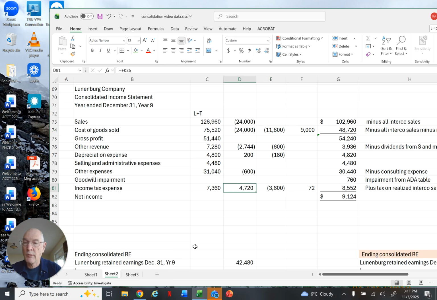Now, in a very similar way, the 9,000 is the unrealized profit before tax from the end of year 9. So because it's unrealized profit, it's inside the net income of these two companies. Specifically, this is an upstream sale.